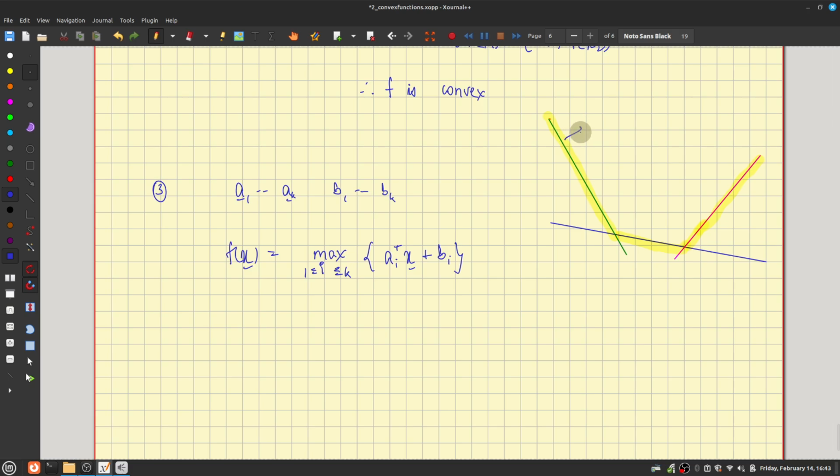If I call this f1, this f2, and this f3, then at every point f is nothing but the max of f1, f2, f3. So in this region, this green line is above the blue and the pink lines. In this region, the blue line is above the green and the pink lines. And in this region, the pink line is above the blue and the green lines.